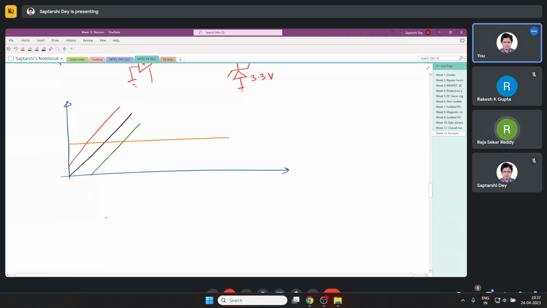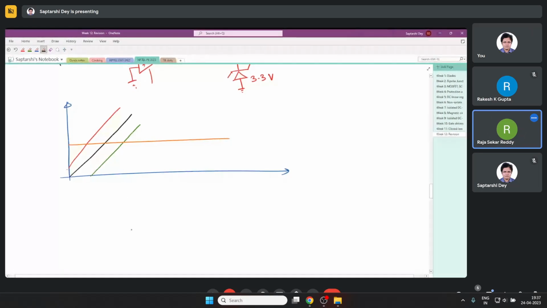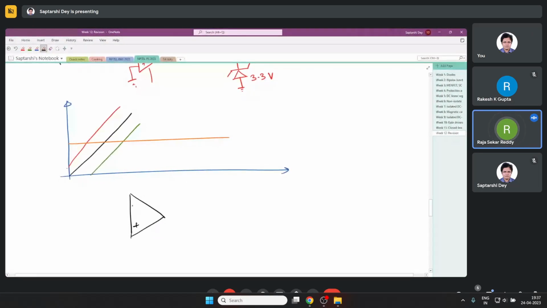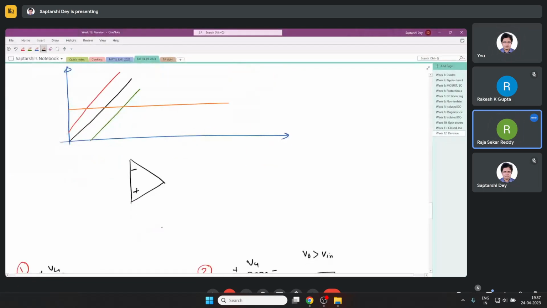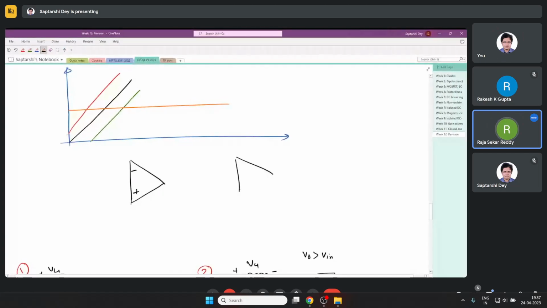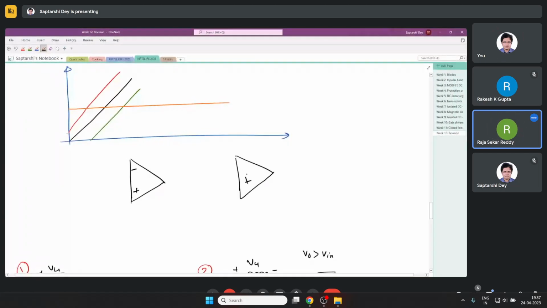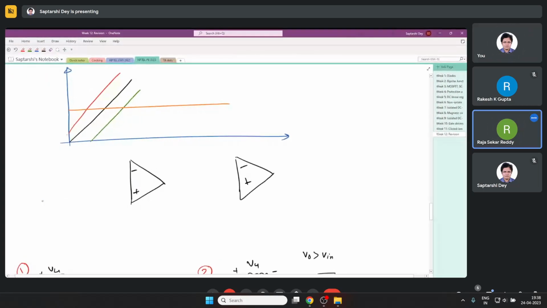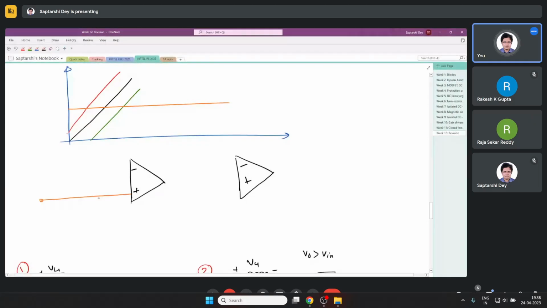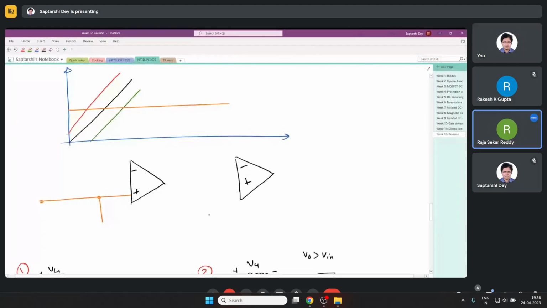Yes, sir. We have two op amps, say like this. The orange signal, the control signal, goes here and here.